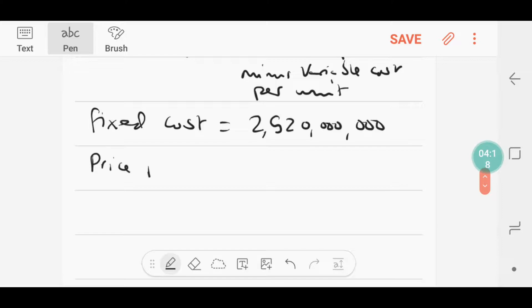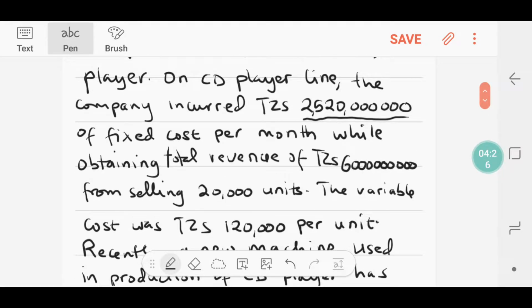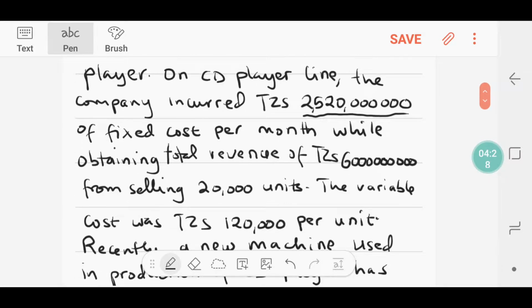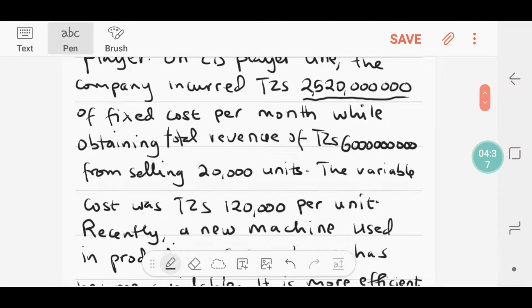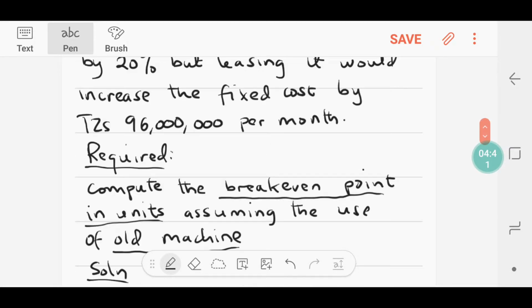The price per unit, which will be used to calculate contribution per unit, is calculated as follows. In our question we have been given that by using the old machine the company made 6 billion on sales by selling 20,000 units.